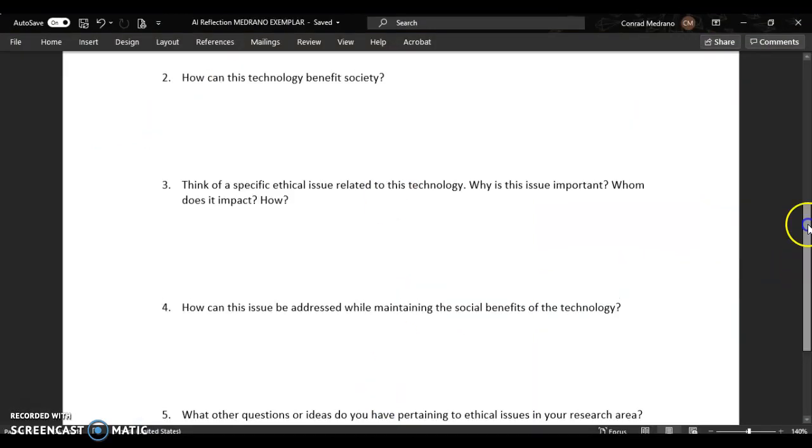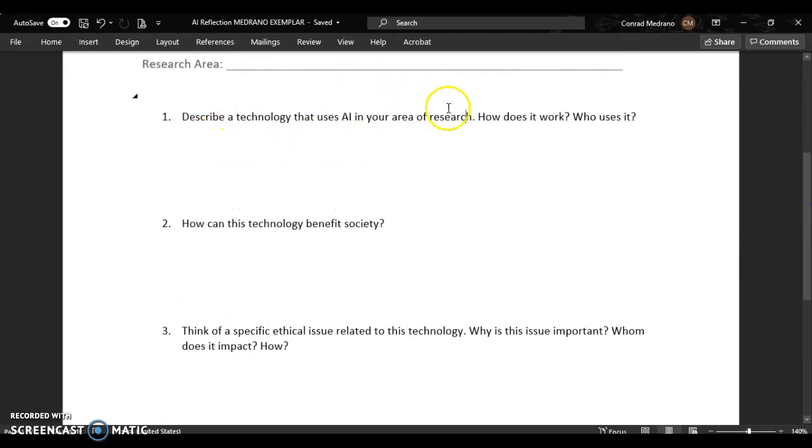So I'm going to answer this first one. Describe a technology that uses AI in your area of research.